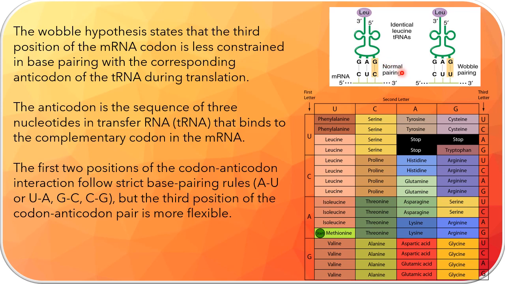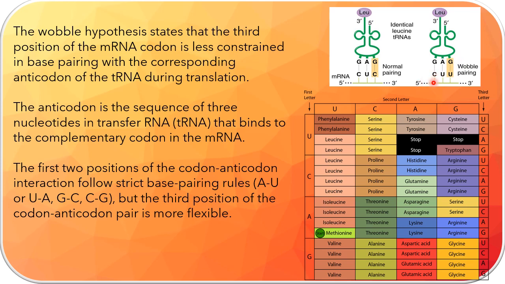This is the normal pairing, but in case of Wobble pairing, the third nucleotide in the codon, so first is C, second is U, and again the third is U, is flexible for pairing with the first nucleotide of the anticodon, because this is the 5' end and here is the 5' end of mRNA.